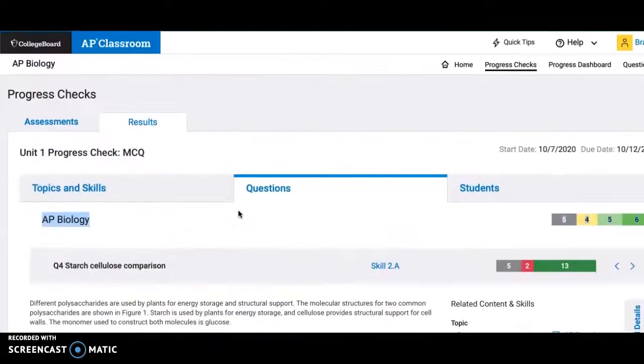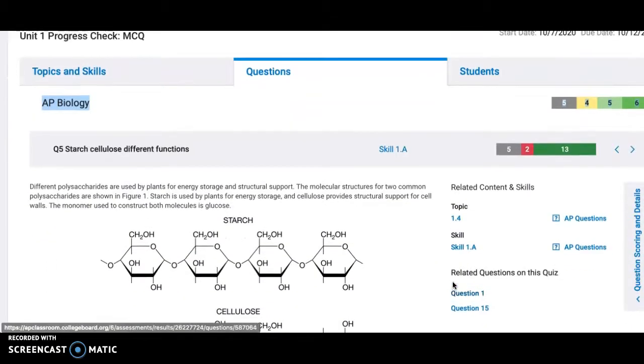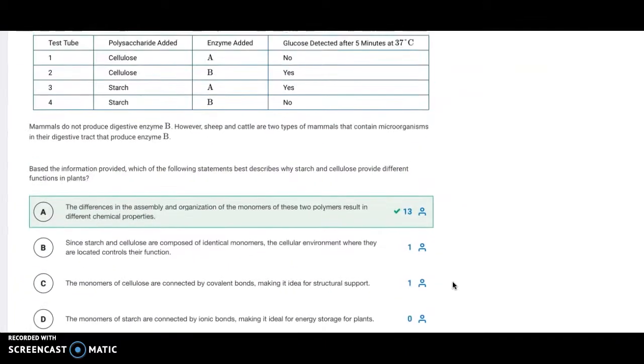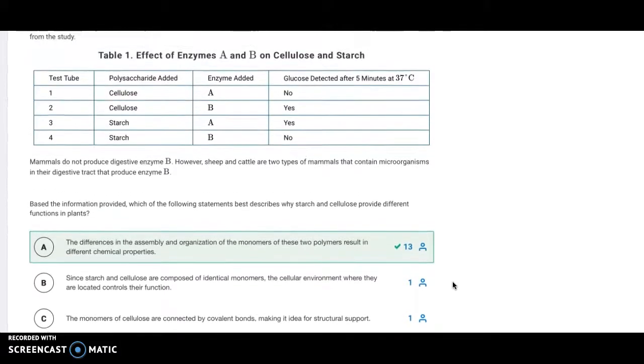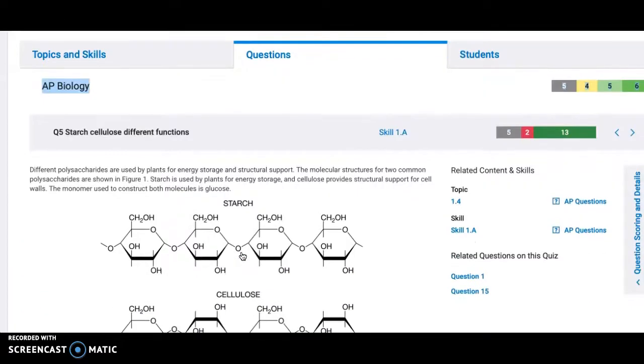Okay, but you guys did pretty well on that one, understanding that shape determines function. Same deal here, basically the same question, again talking about the differences, and it's the assembly and organization of monomers in a polymer that results in chemical properties. That's a fundamental idea. It looks like you guys have a pretty good handle on that.